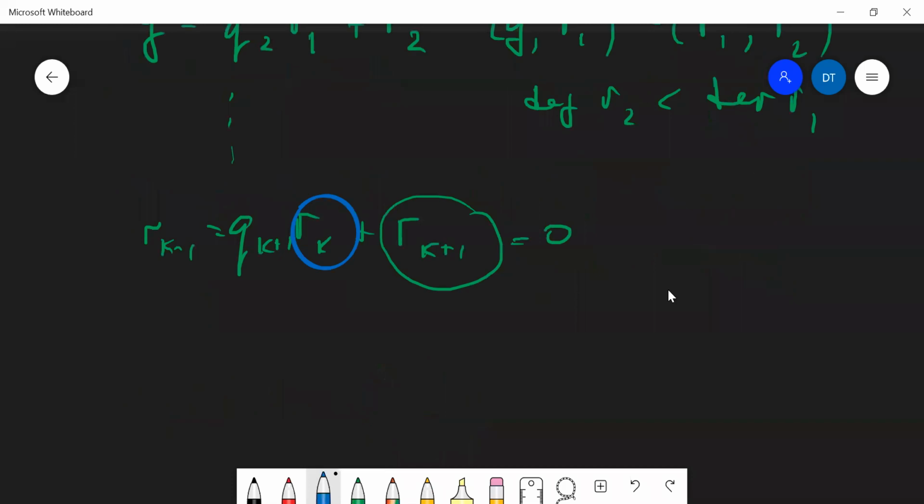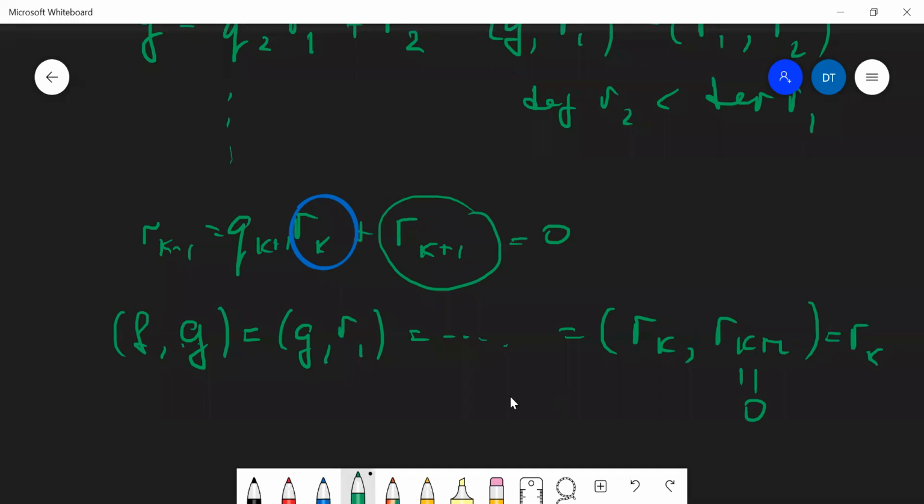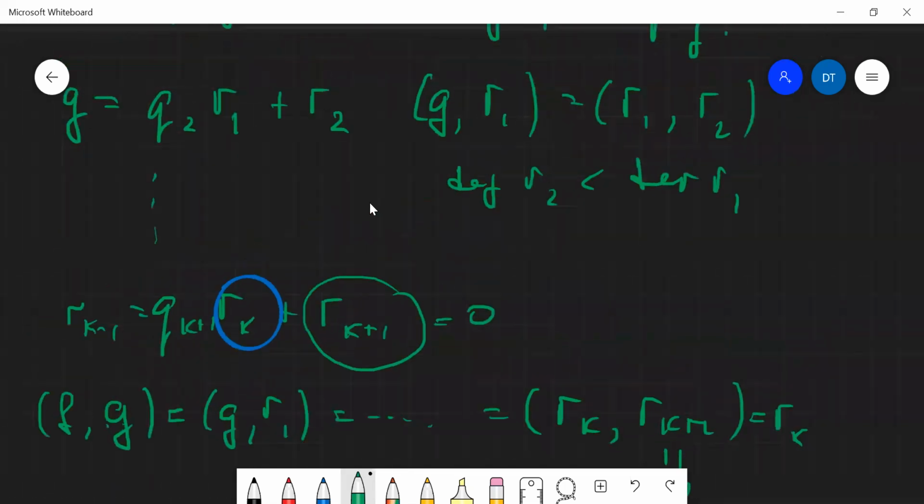Why? Because here we will get this long sequence of equalities, and at the end we will get this, and this guy is 0, and by the previous case, if one of the polynomials is 0, then the greatest common divisor is equal to the other one. So this is the algorithm for computation of the greatest common divisor using the Euclidean algorithm.